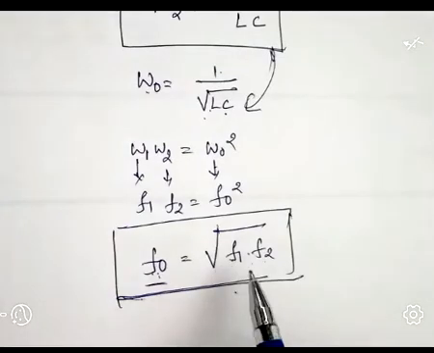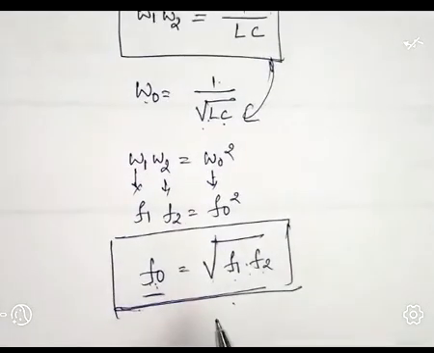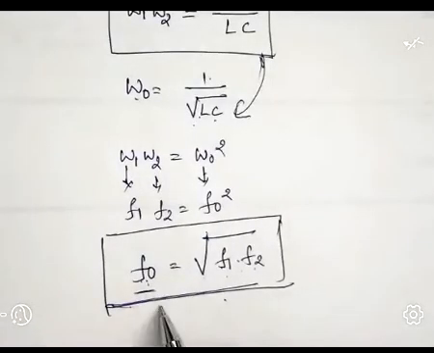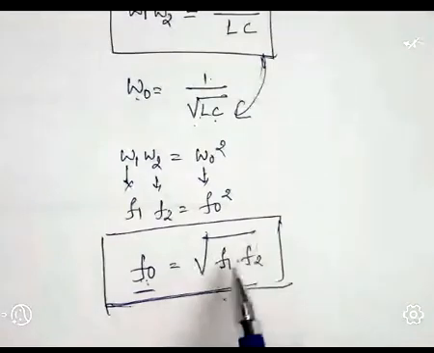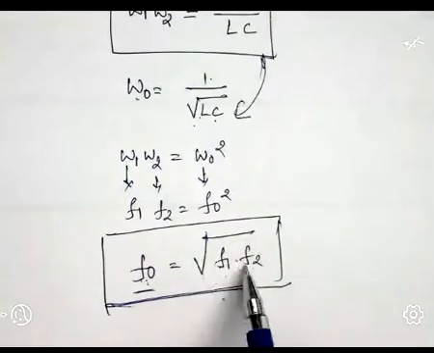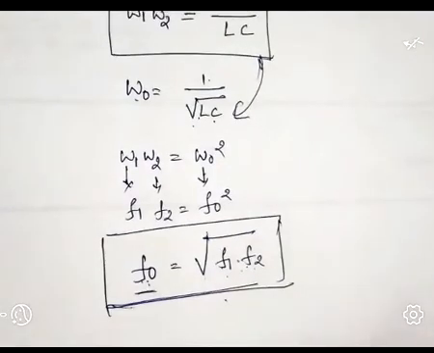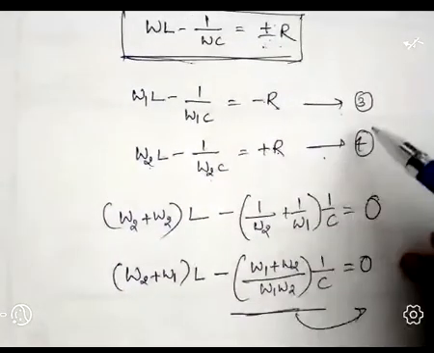Hence, in the examination, you may be asked to show how the resonant frequency is the geometric mean of the two half power frequencies. For that question, we have to write this answer. Okay. Hence, from this equation, we can say that the resonant frequency is the geometric mean of the two half power frequencies. This equation we got when we added equation 3 and 4.